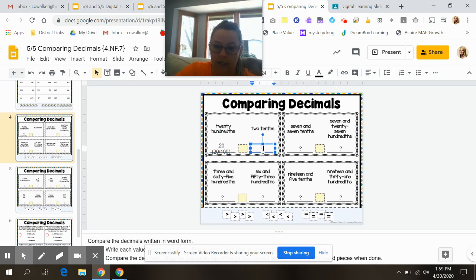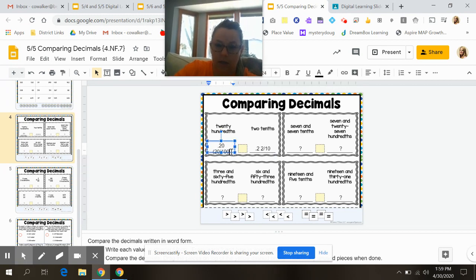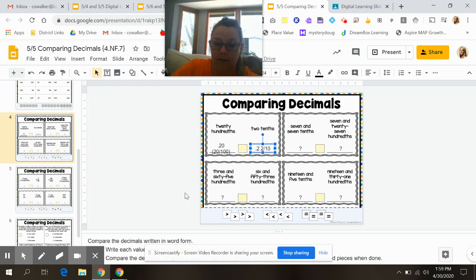So here's the decimal for 2 tenths and the fraction for 2 tenths. But which is larger? Or do we know? Well, if we were looking at the slides before, we know that 2 tenths is also equivalent to 20 hundredths. So aren't they equal? So then I'm going to pull this up here into the box.